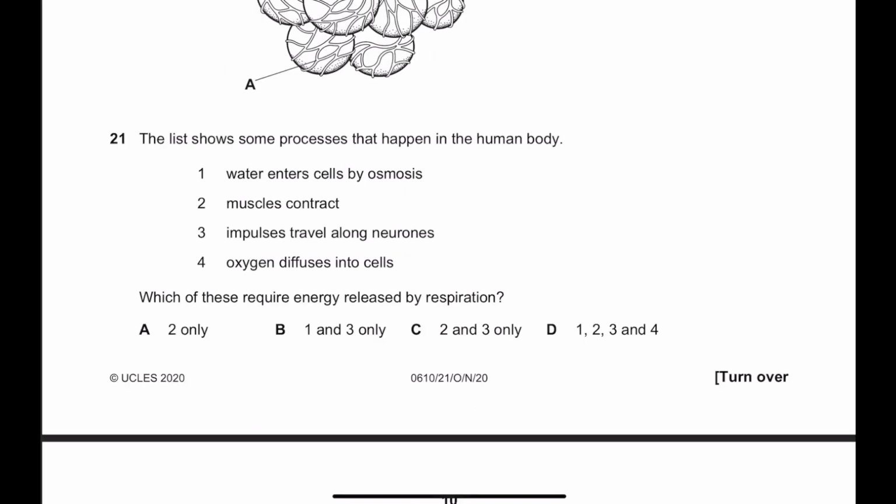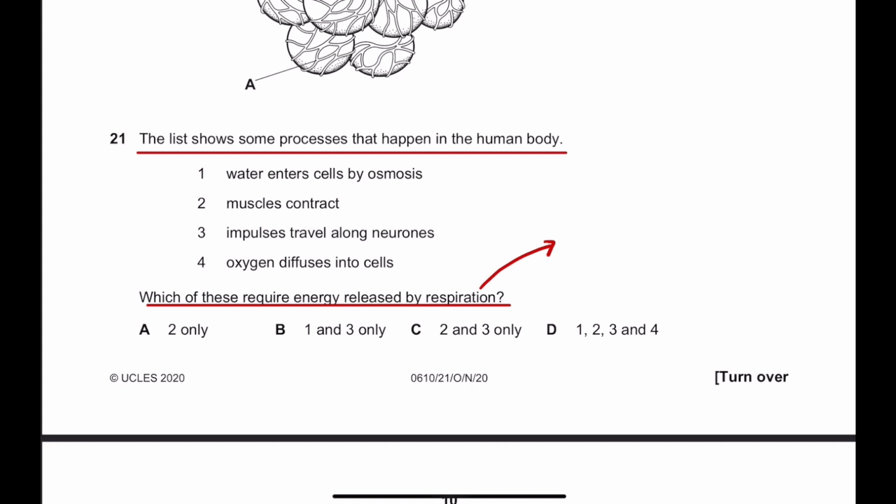Number 21. The list shows some processes that happen in the human body. Which of these require energy released by respiration? It looks like it's asking about the purpose of energy made by respiration.